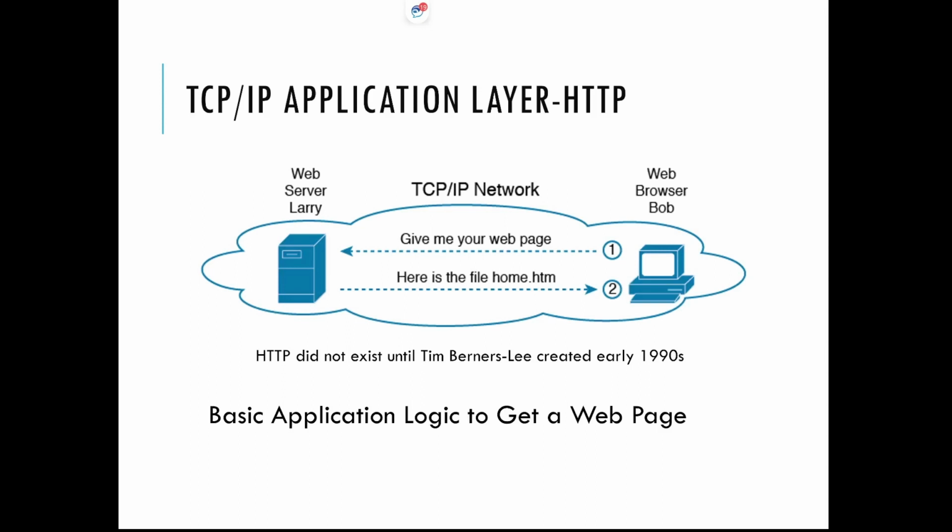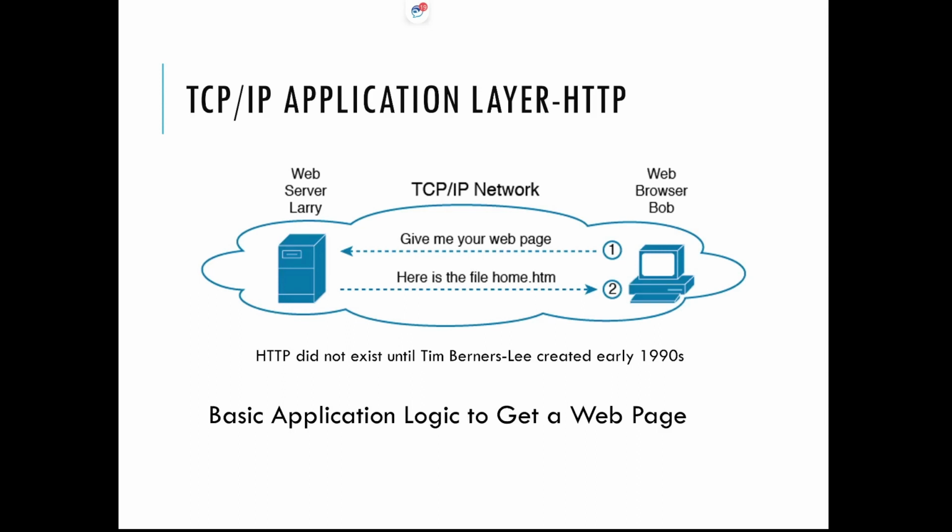When the request goes from Bob to Larry, Larry's web server could be Apache or a different web server, but in most cases people use Apache, or otherwise they can use IIS, the Microsoft-based web server. The web server software has been configured to know what its default web page is and what its content is, like home.htm in this case.